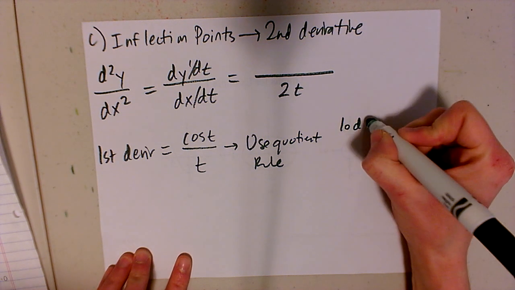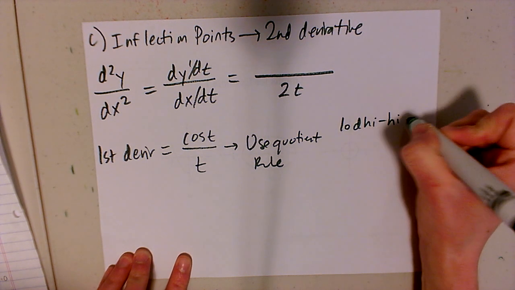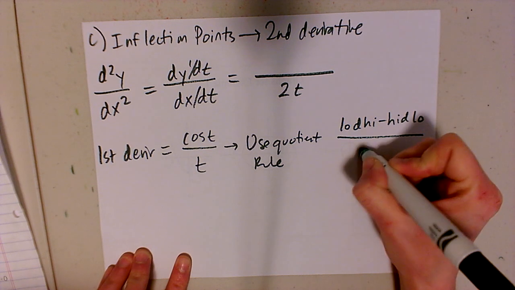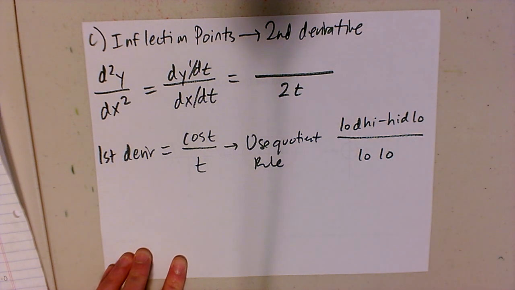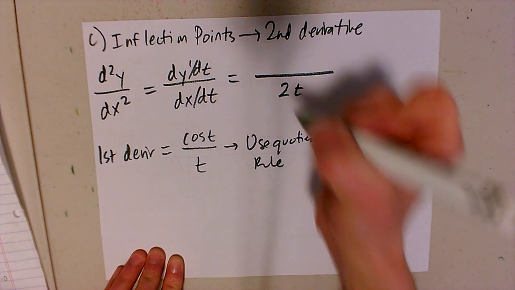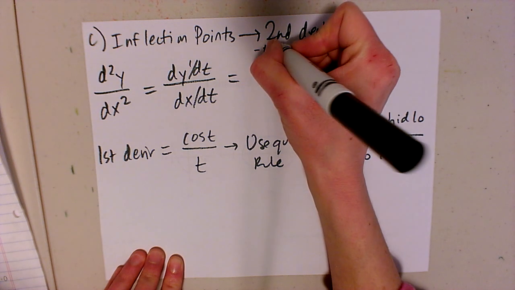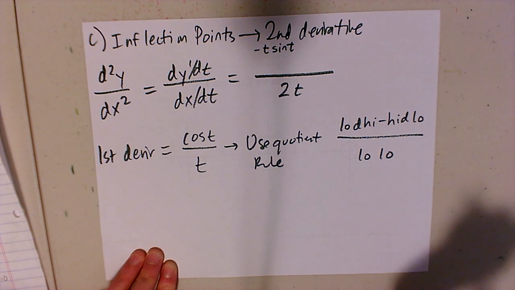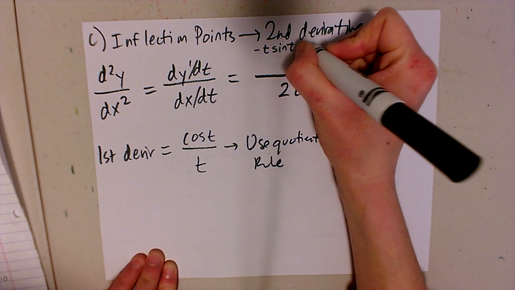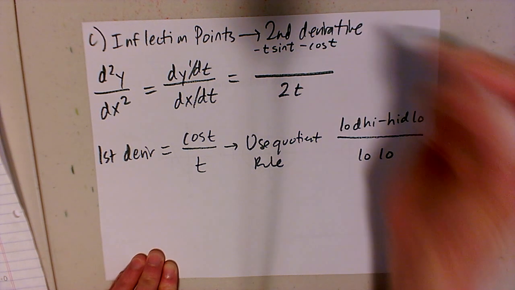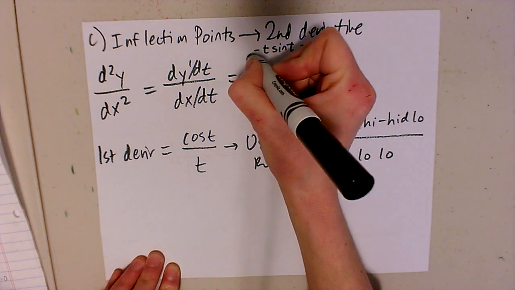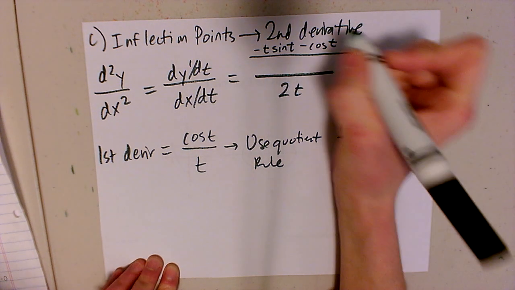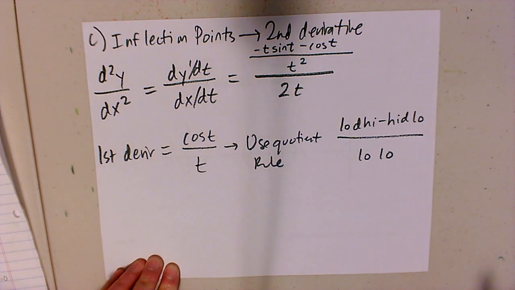Remember, it was low d high minus high d low all over low low. So low d high gives negative t sine t, minus high d low, so minus cosine t, and then this will all be over low low, so everything over t squared.